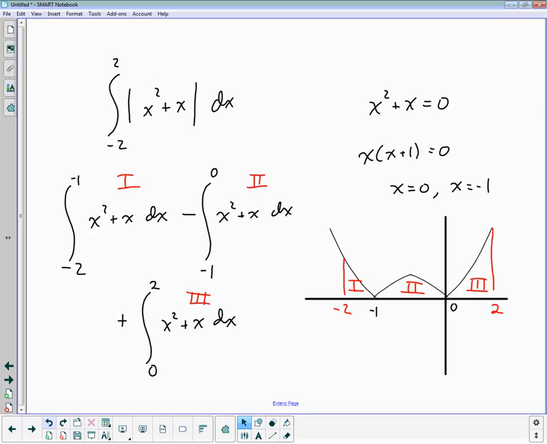So the region from -1 to 0 is normally a negative area, so I flipped the sign on it and made it a positive area. That middle integral is going to wind up being a negative number, and now it'll become a positive number.